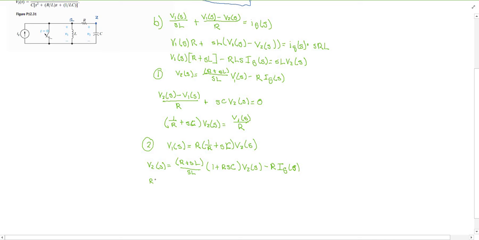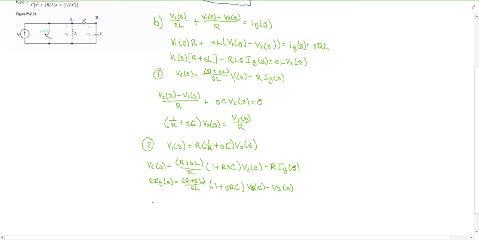We isolate the variables once again to move everything over and make it easier for us in the long run. 1 plus SRC of V2 of S minus V2 of S. Right?